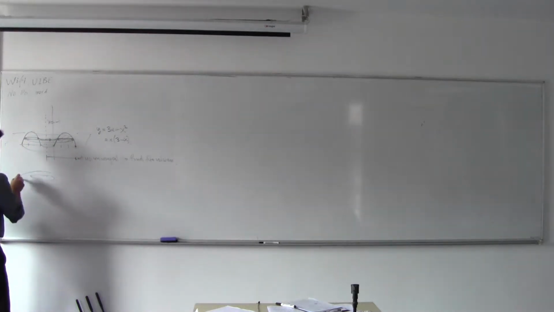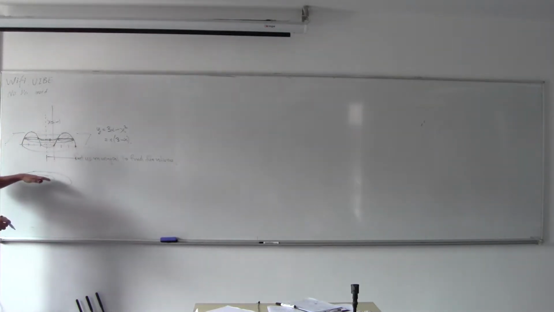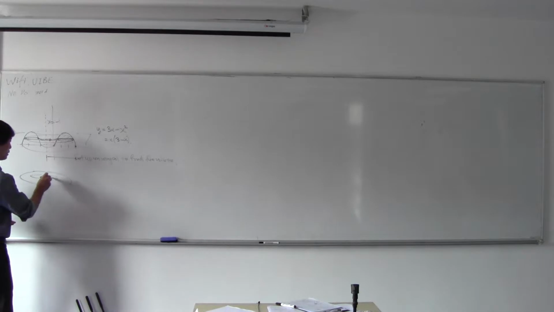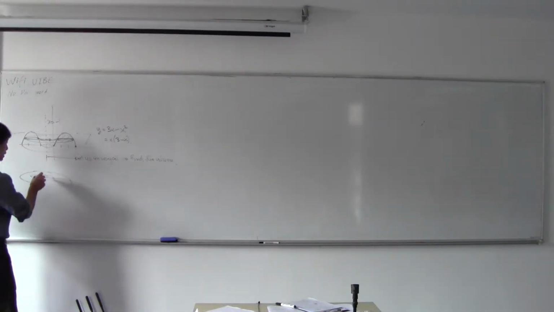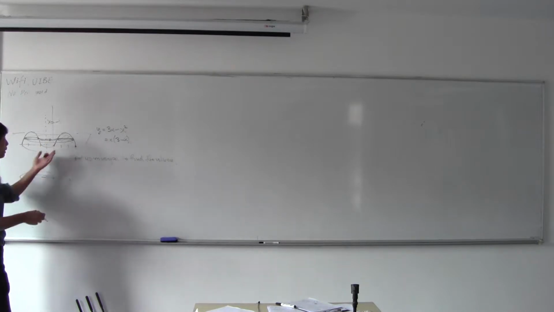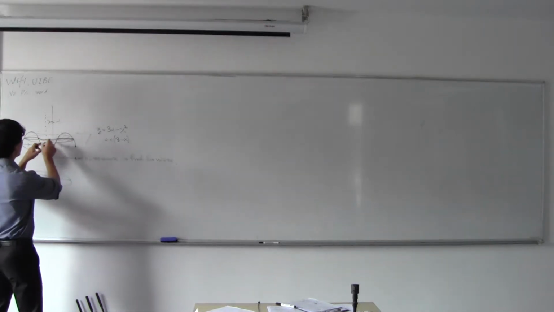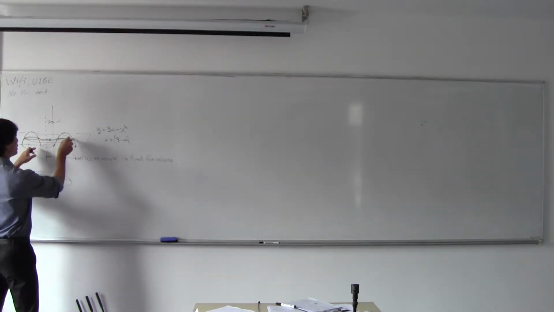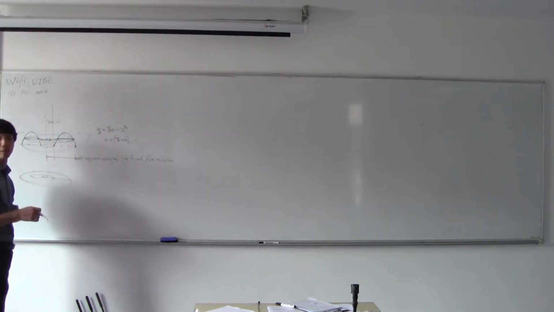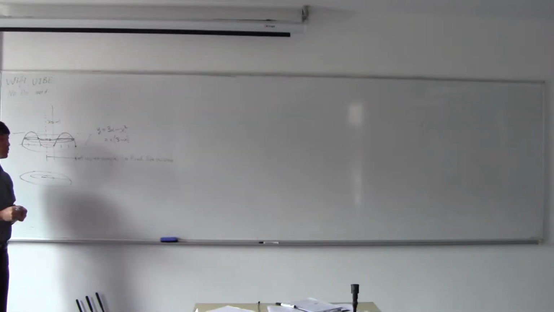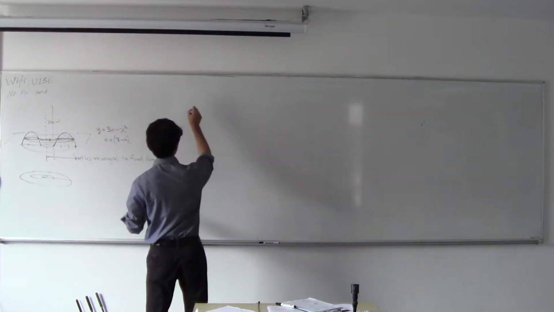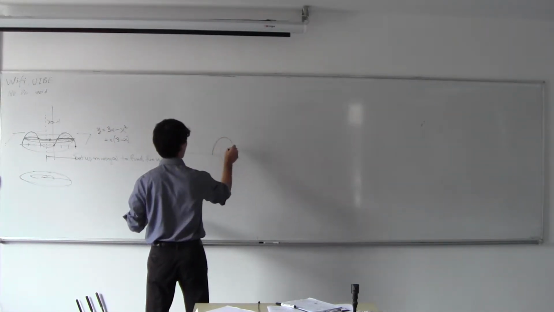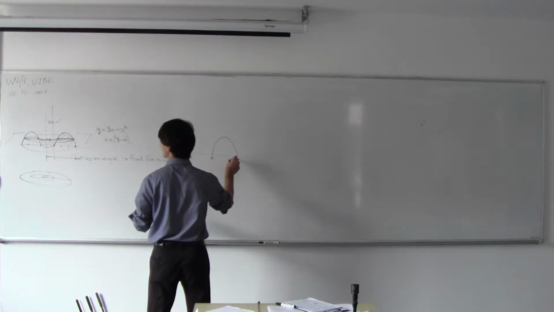We get this object here, and we have to figure out the big radius and the little radius. So the big radius is going to be, how do we figure it out? Well, if this is y, then what are the x values there? This is 0, this is 3.